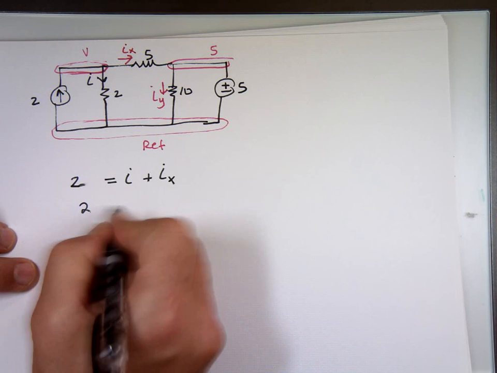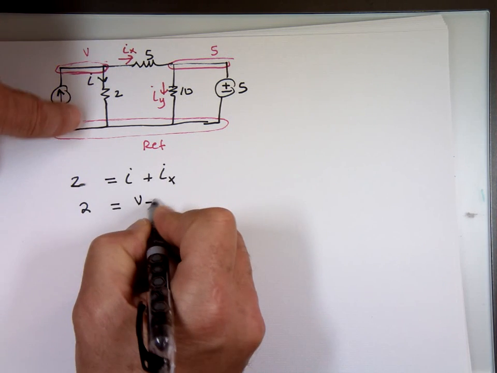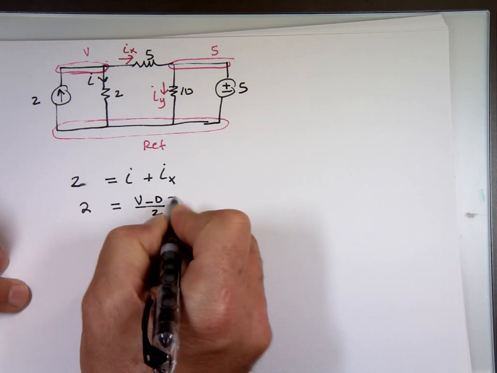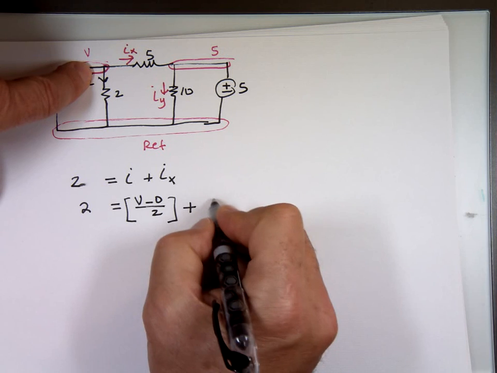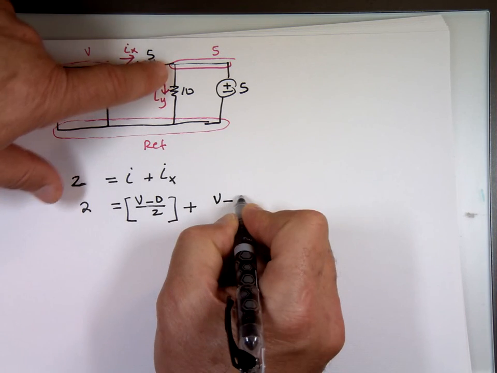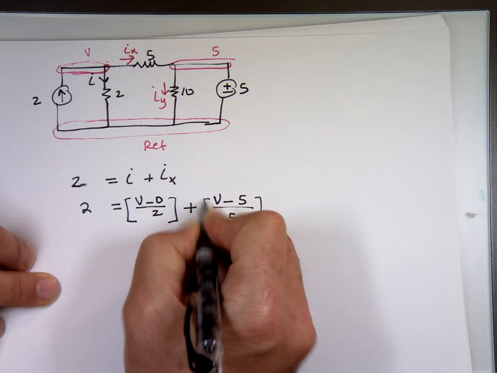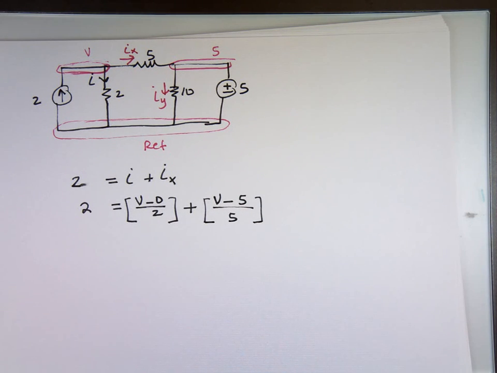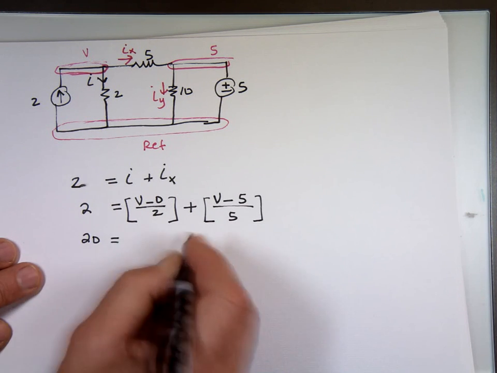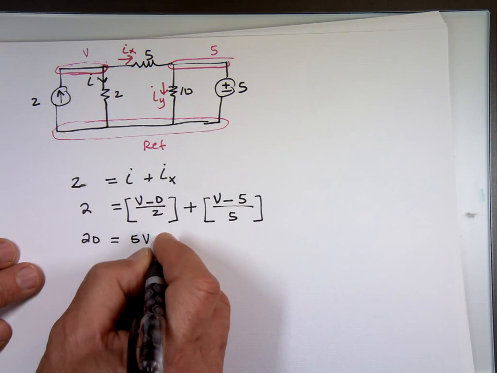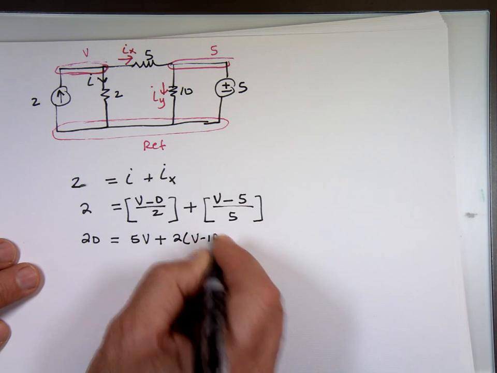2 equals, what is I? It's this voltage V minus nothing divided by 2. What is I sub x? It's going that direction, so it's V minus this voltage 5, divided by 5. What's my LCD? 10? 20 equals 5V plus 2 times V minus 5.